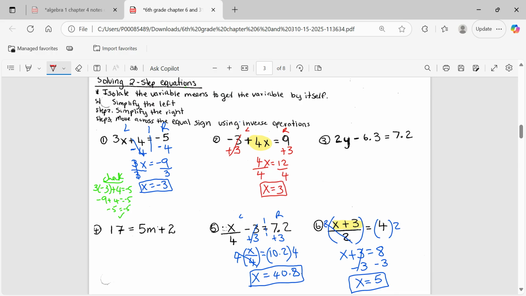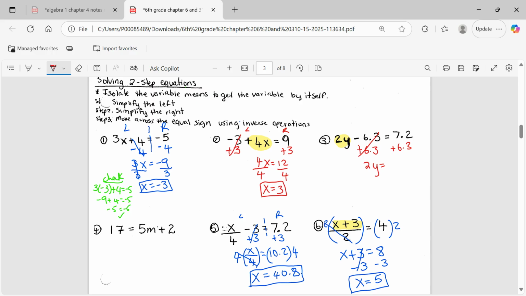On number 13, if it's a decimal, same process. Here is 2y. They're together, so I'm not doing that one first. I am actually going to get rid of the 6.3. The opposite of subtraction is addition, so I'm going to add 6.3 on both sides. And I'm going to put it with the number because they are like terms.